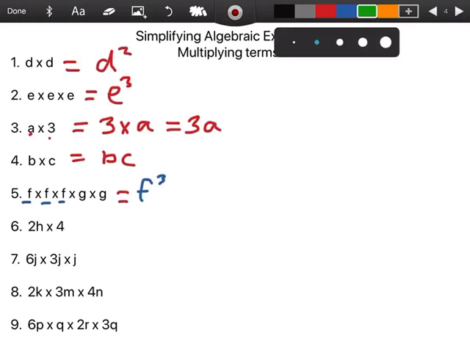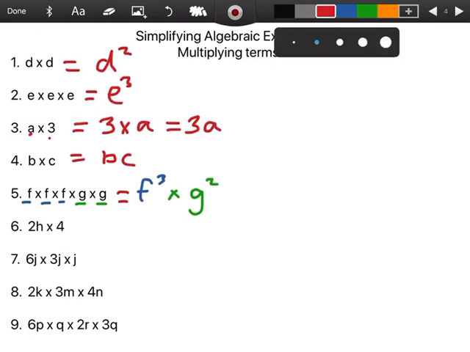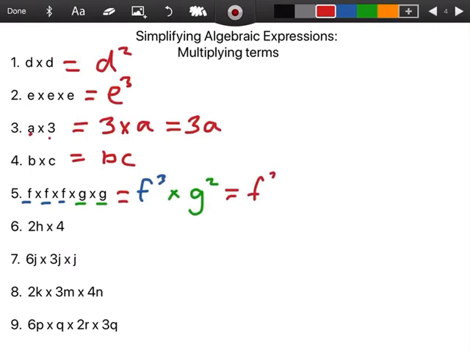G times g is g squared. So we've got f cubed multiplied by g squared. Again, we can hide the times, so f cubed g squared. We don't need to do anything more with that. We just need to follow that fairly simple rule. It's when people try to put all of the rules together that they get a little bit confused with algebra. Try to keep it as simple and just follow the simple rules.